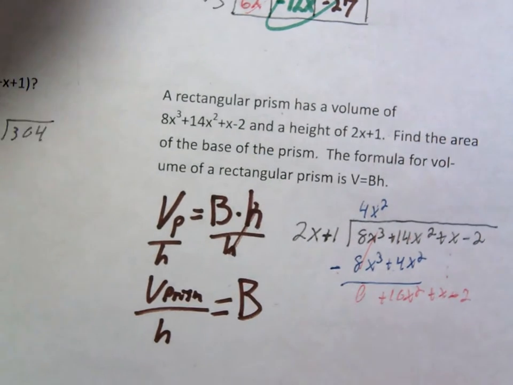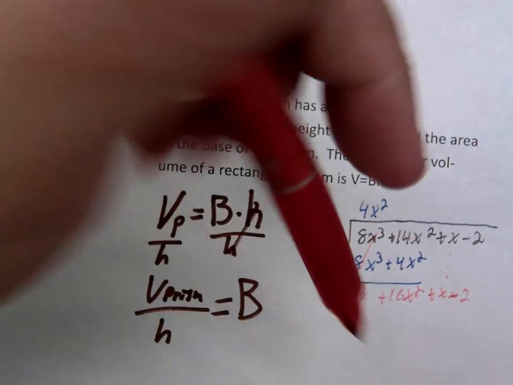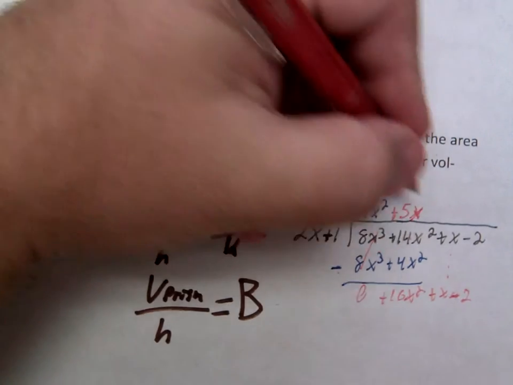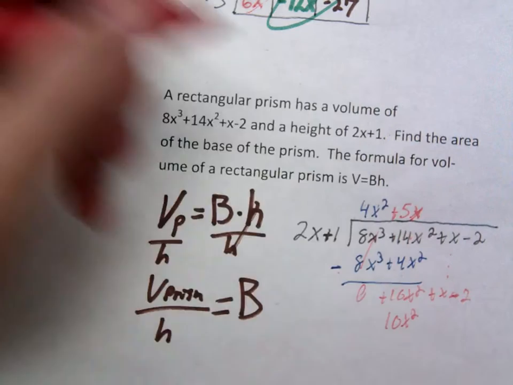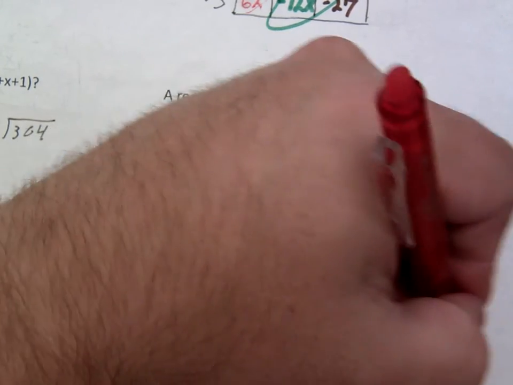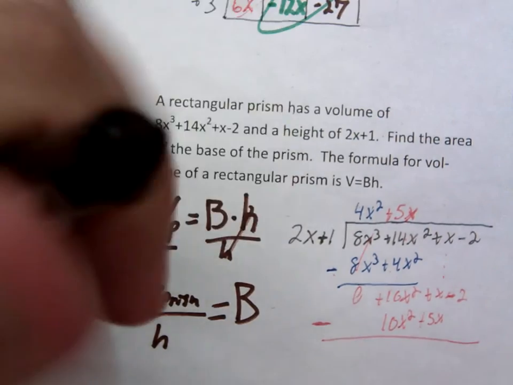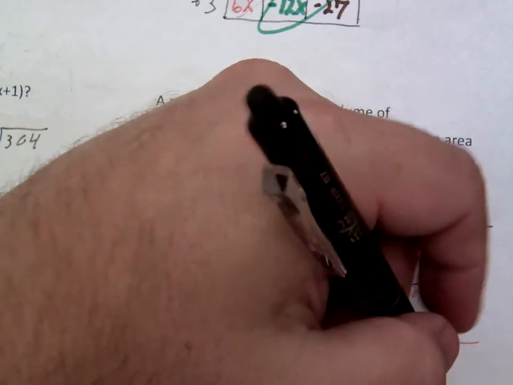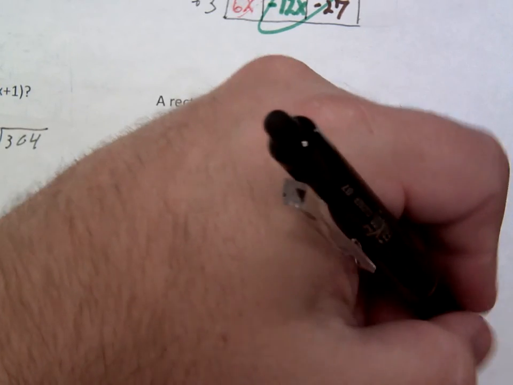So we now look and we say 2x goes into 10x squared positive 5x times. 5x times 2x is 10x squared. 5x times 1 is plus 5x. And again, we are subtracting. So let's see what we get. 10x squared, so those go to 0. x minus 5x is going to be a negative 4x. And the negative 2, nothing else happens, so the negative 2 just drops down.